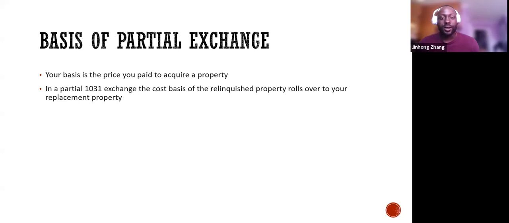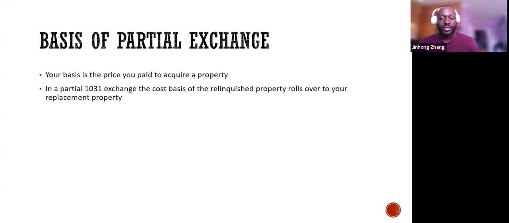So the basis of a partial exchange. The basis is the price you pay to acquire a property. So normally when you purchase a property, the price you pay, including any legal fees and closing costs, will be added to your basis.